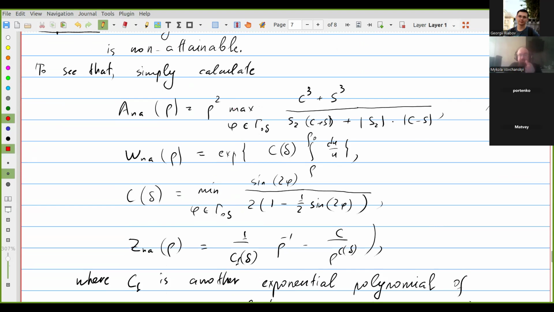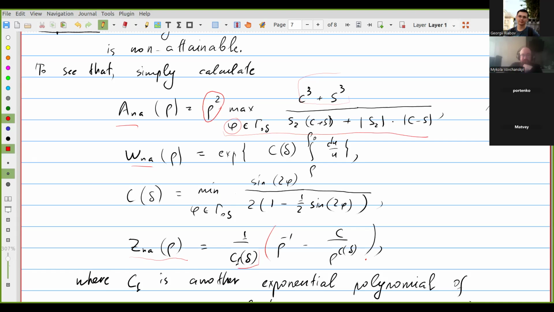And it's pretty much what happens when alpha is not equal to 1. So you always get all these functions that appear in all those tests in the form rho to some power multiplied by some expression that is a maximum or minimum over some set of angles, and it's a ratio of two effectively exponential polynomials of this form, and then the function, the integrability of which we investigate, is of this form.